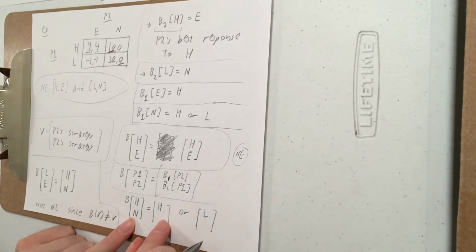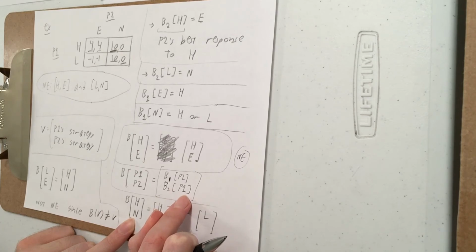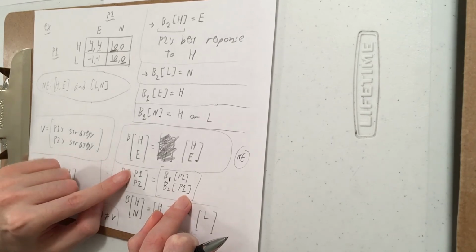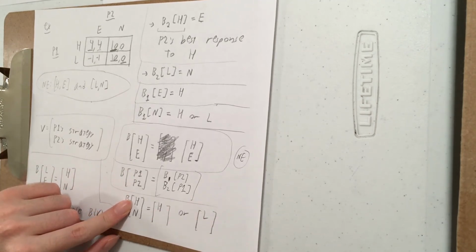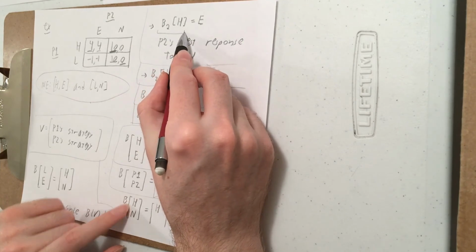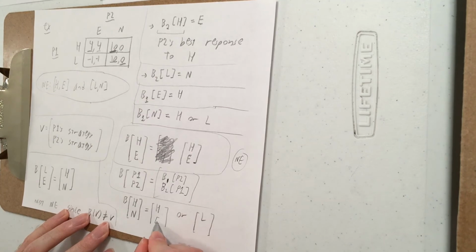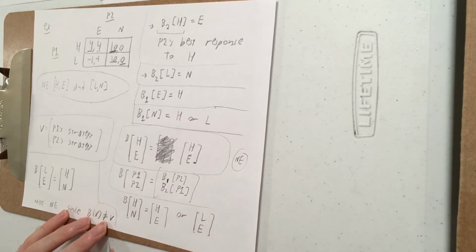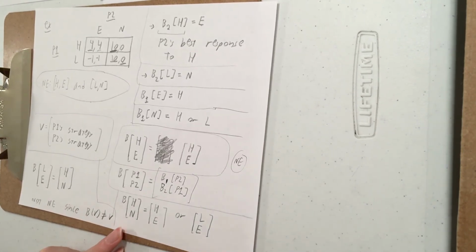Now I have to fill in this one down here. This is player 2's best response to player 1. Player 1's playing H. So what is player 2's best response to H? That was our very first one. We said player 2's best response to H is E. This is also not a Nash equilibrium because B of V does not equal V.